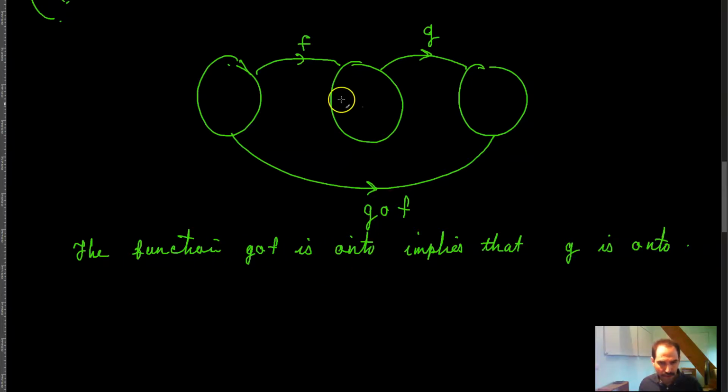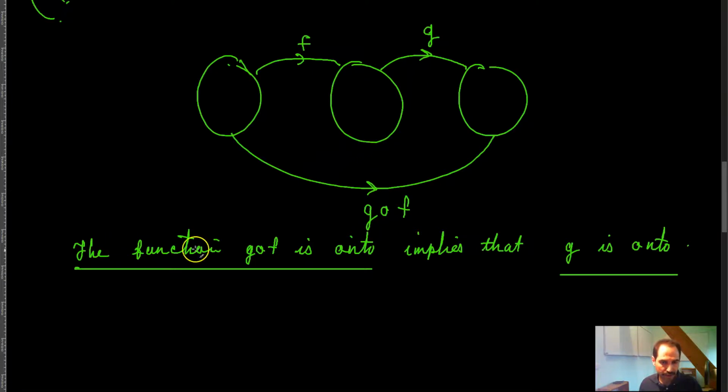What that means is that if I know that the function g∘f is onto, then I can say with 100% certainty that the function g is onto, because when I say implies, if this has to be true, then this part necessarily has to be true. There is no other way, right? Now, I'm not talking about the function f here, just the function g.